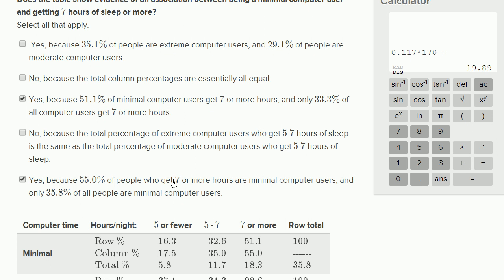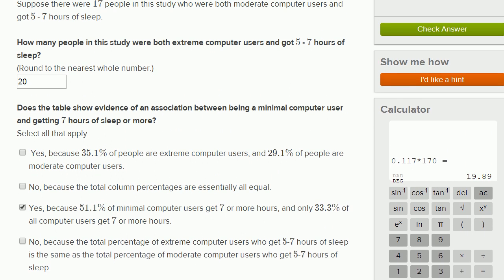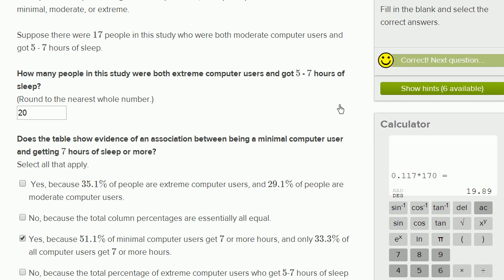Here we're looking at the people who get 7 or more hours of sleep, and we're saying, wow, 55% of them are minimal computer users, even though only 35% of all the people are minimal computer users. So I would go with both of these. And so let us check our answer, and we got it right.